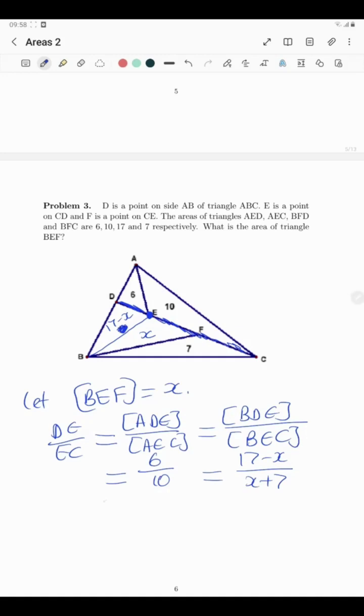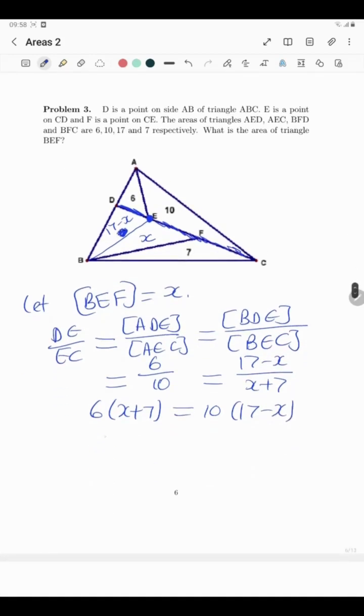So we cross multiply. We get 6 times (x plus 7) is equal to 10 times (17 minus x). Expanding the brackets, we get 6x plus 42 equal to 170 minus 10x. Taking the 10x to the left, we get 16x is equal to 170 minus 42, which works out to be 128.